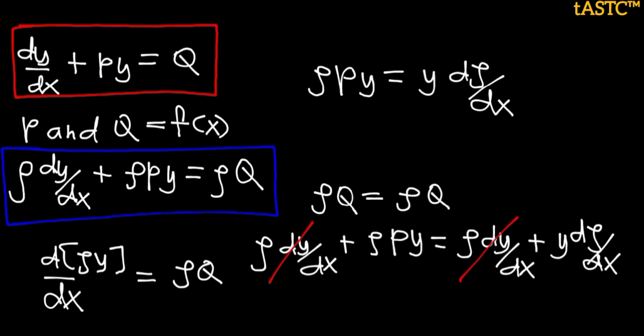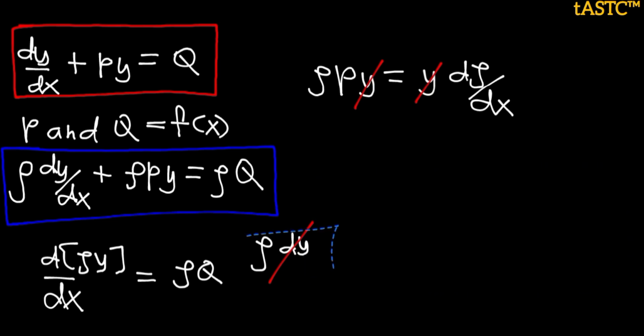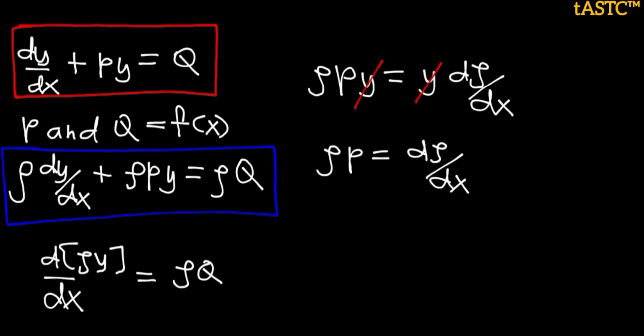From here also we find out y is present on both sides of the equation. So we could also cancel these ones out. So that leaves us with rho p, that is equal to d rho/dx.